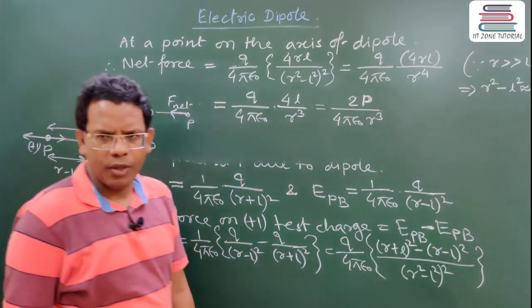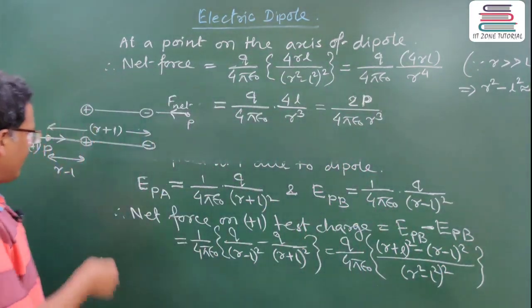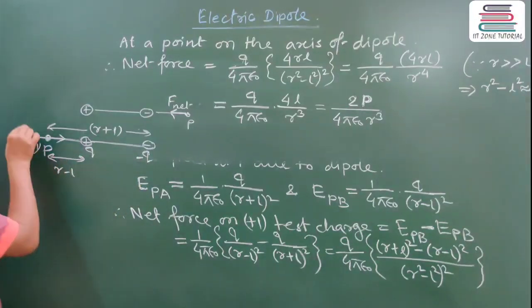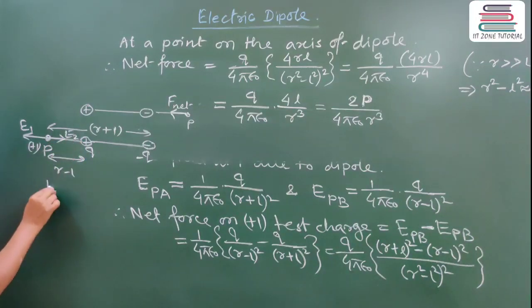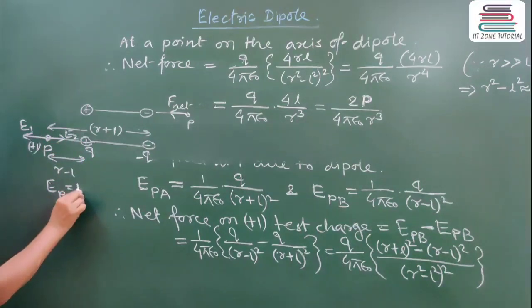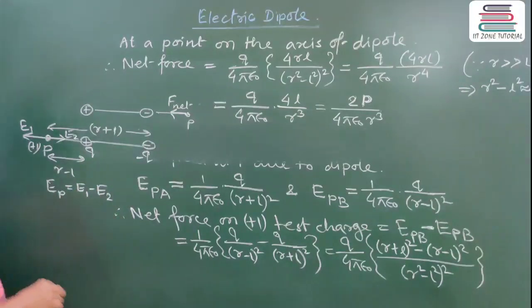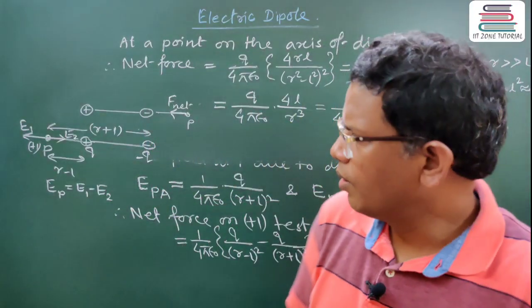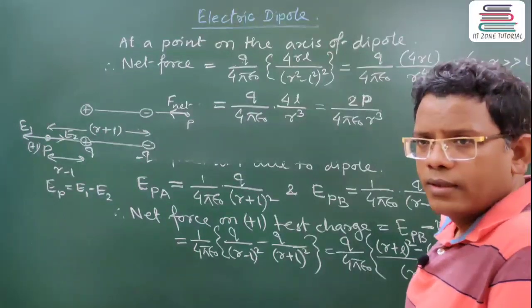Here again, if this is the charge Q, this is the charge minus Q, this is E1, this is E2, then the net electric field at P will be magnitude-wise E1 minus E2. Got my point? Could you follow what I mean? Yes.